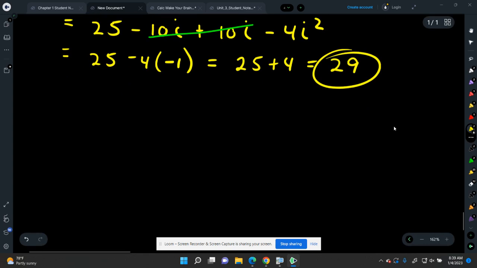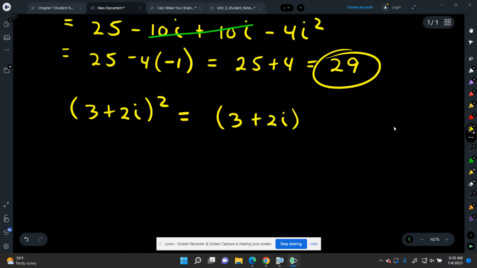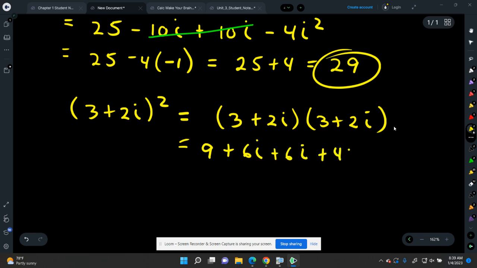Okay. How about 3 plus 2i, squared? Well, if you don't remember how to expand that, we can do it the long way. 3 plus 2i times 3 plus 2i. That gives us 9 plus 6i plus 6i plus 4i squared.